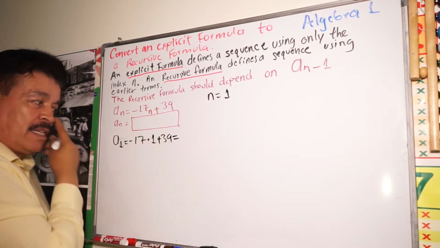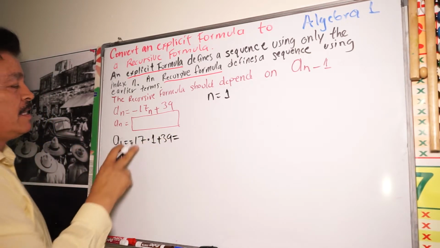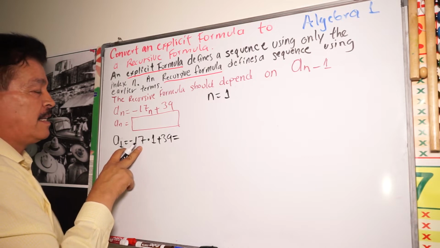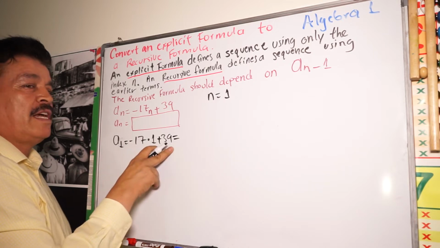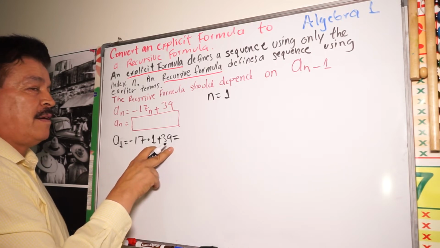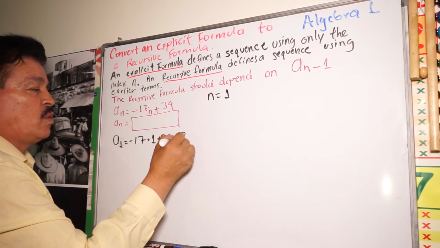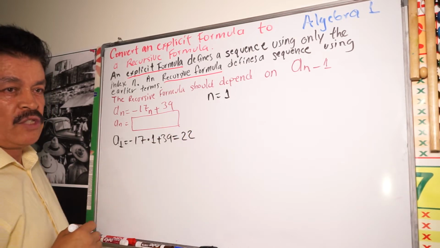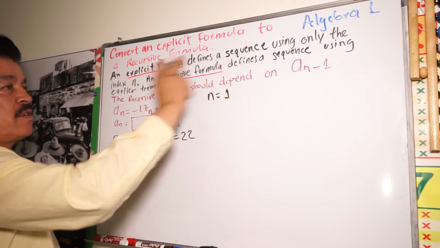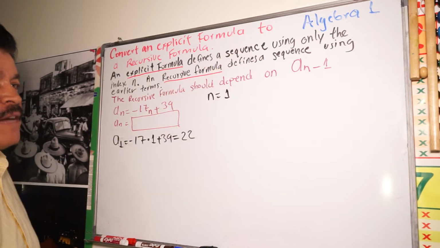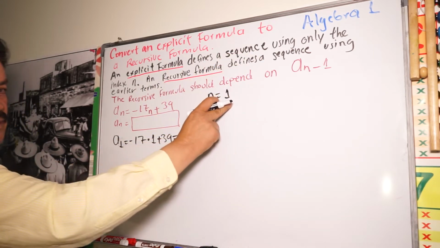That's negative 17 plus 39, which is 22. Just find the first few terms of the sequence, starting with 1.